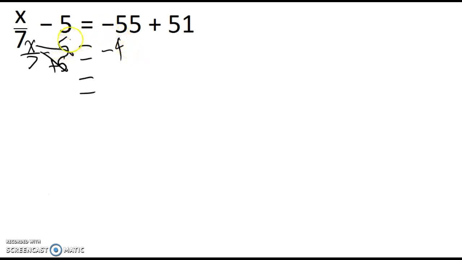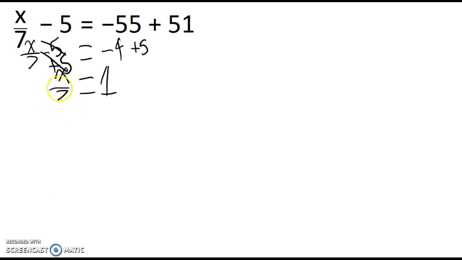But whatever we do on one side, we have to do on the other. So we put positive 5 on this side. And then we solve on this side. So that'd be 1 and then x over 7. You guys are probably like, whoa, how can we take away a fraction?